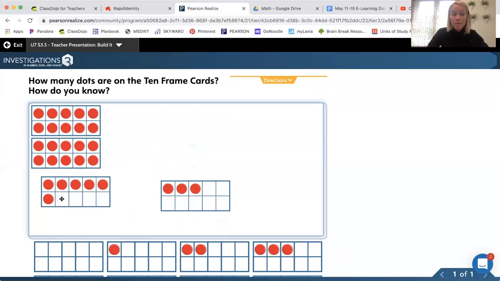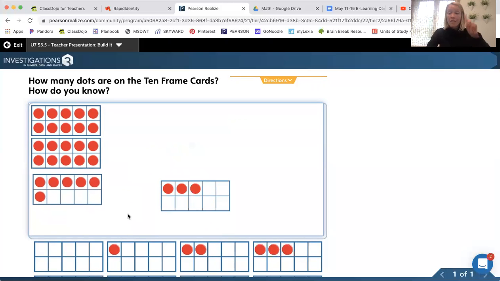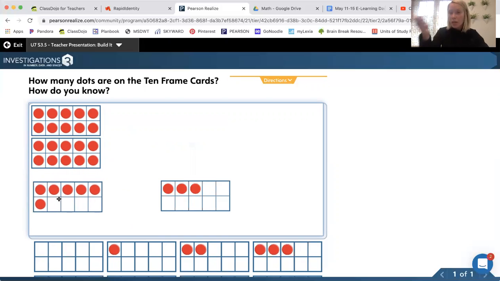You could do that. Another thing that you could do is you could count on. We just counted 26. You could count on 27, 28, 29. Another idea is you could do what we kind of did last time.